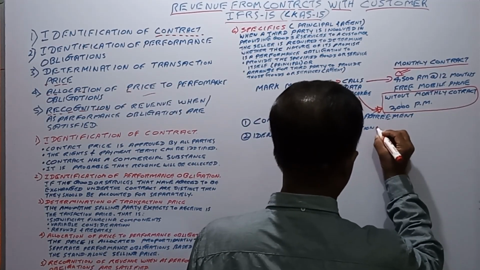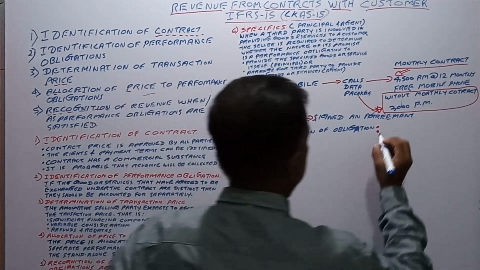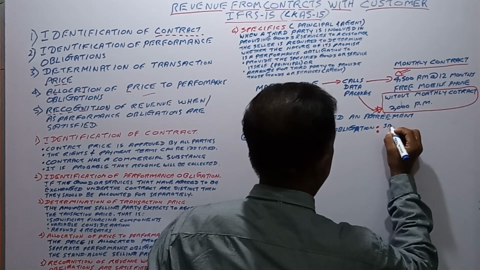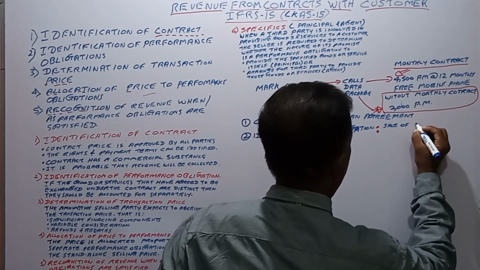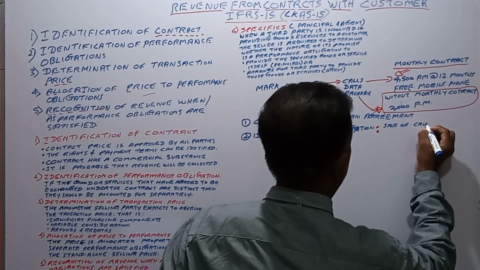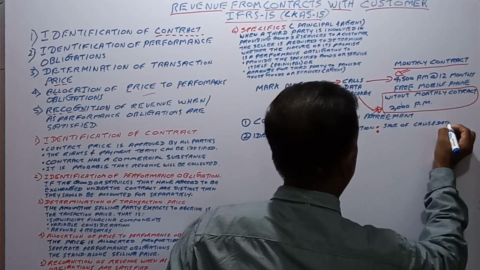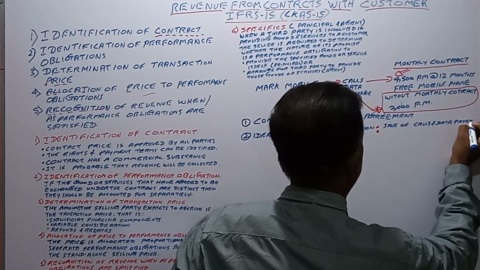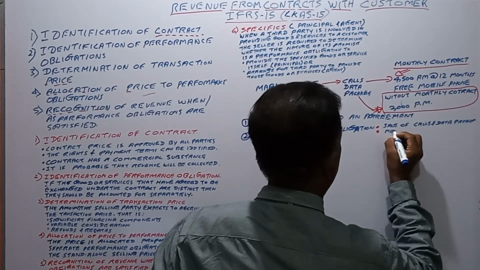That is, one is the sale of calls and data package, and the second one is the mobile phone.